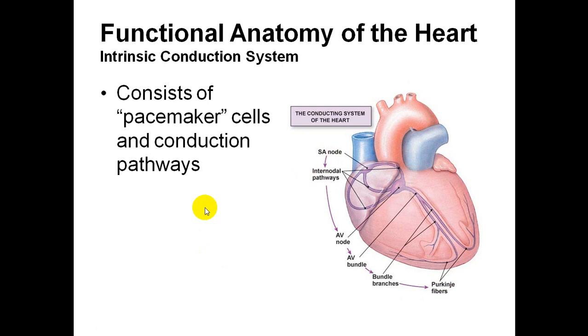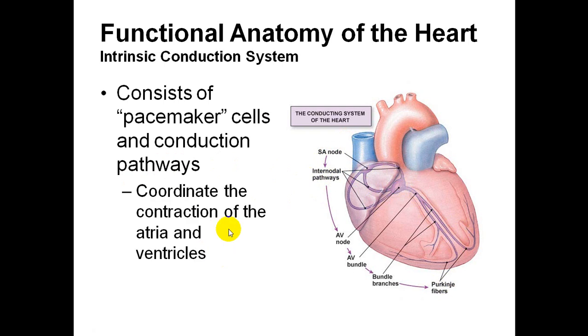It consists of pacemaker cells and conduction pathways. The natural pacemaker is the SA node, which dominates the heart, discharges spontaneously, and the impulse goes from the SA node down by the conduction system to the other parts.